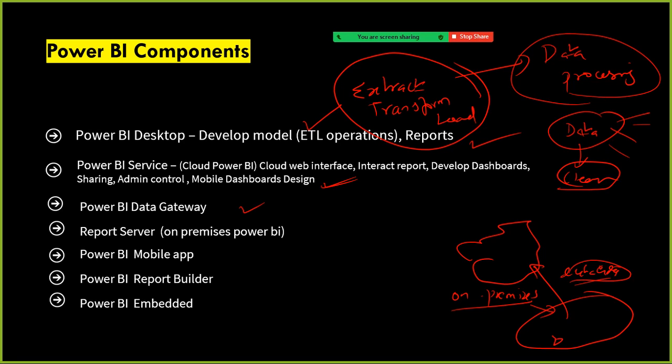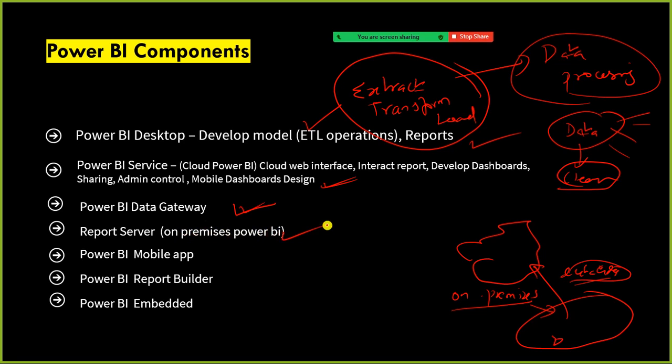Every day you cannot manually refresh it. So what can you do? Using the data gateway, we can schedule the data refresh. It helps us enable scheduled data refresh for datasets, reports, and dashboards. That is the whole idea of having this component as part of our architecture.